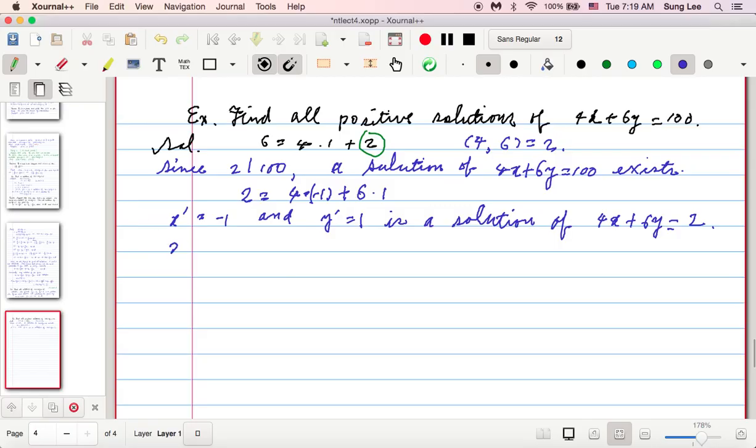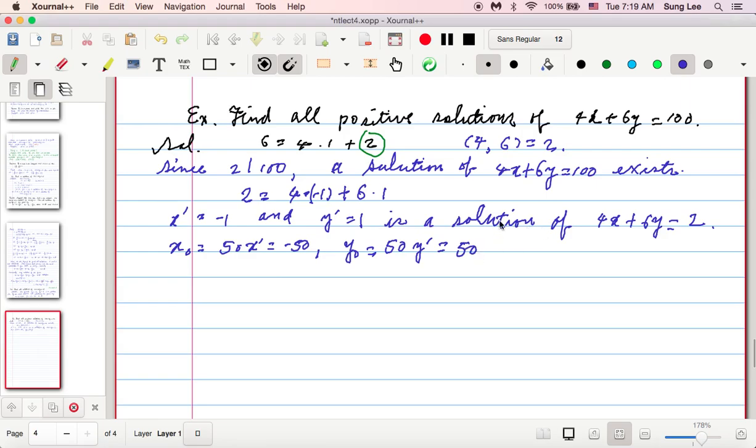So here x naught equals 50 times x prime, which is negative 50, and y naught equals 50 times y prime, which is just 50.